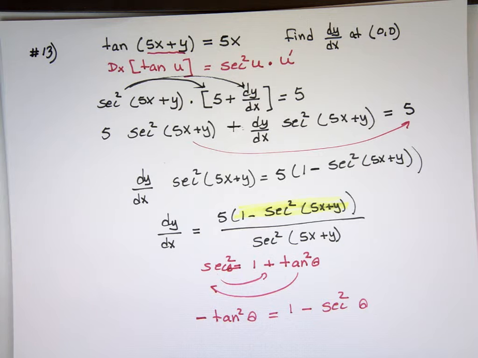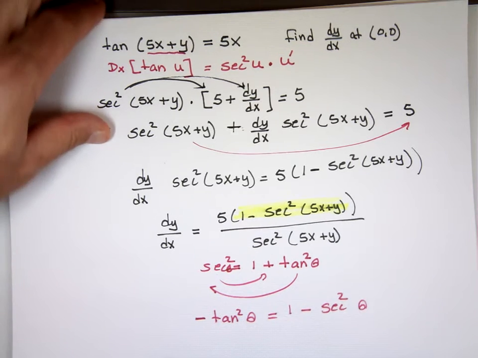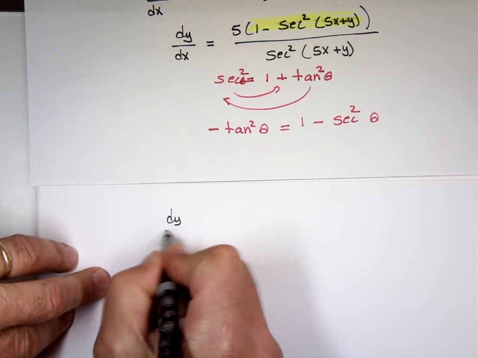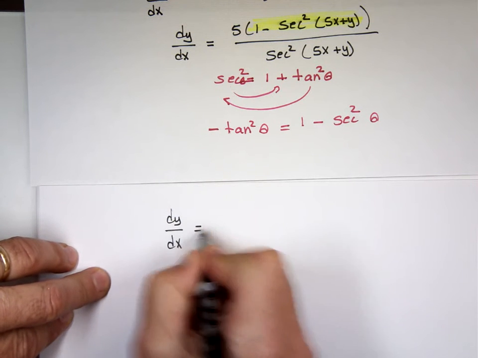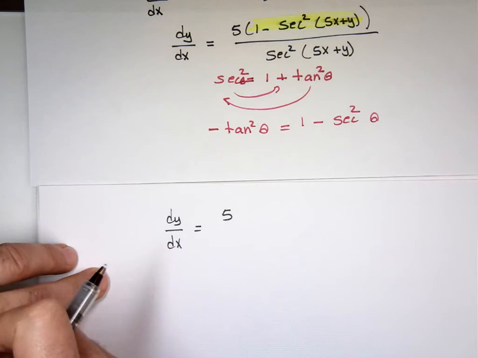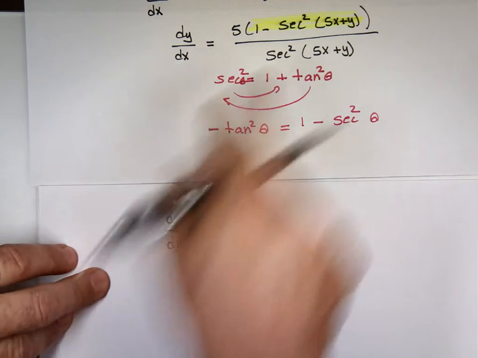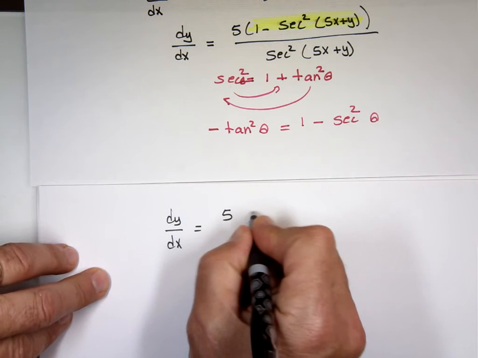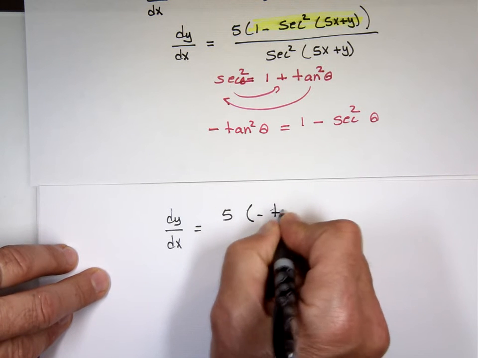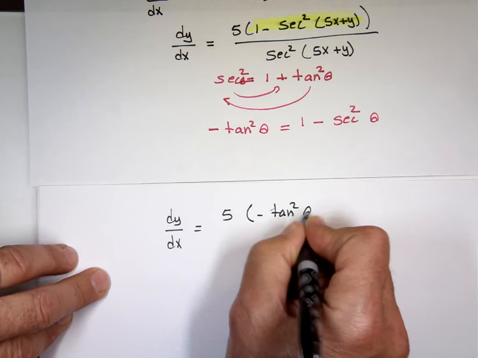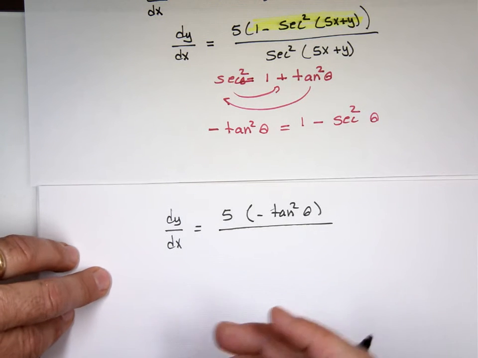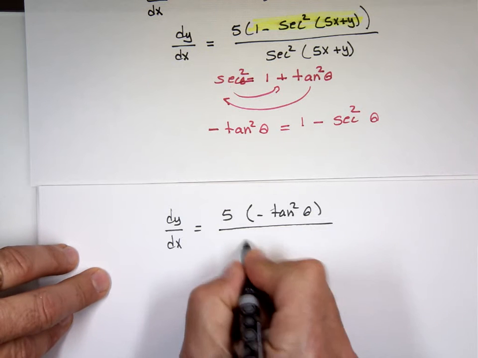So I can write that dy/dx equals, that's really the reason why I factored the 5, I spotted that early. 1 minus secant squared, I can write as negative tangent squared. And secant squared, in place of that, let me put 1 plus tangent squared.